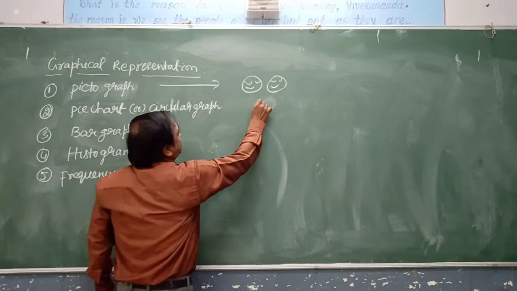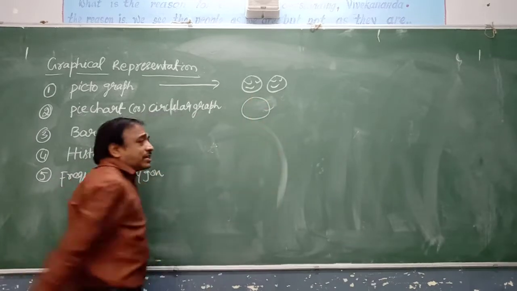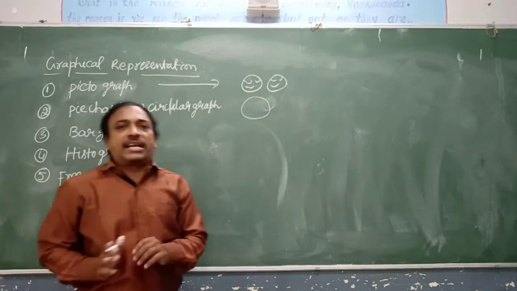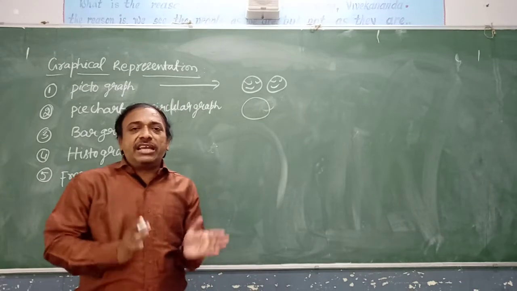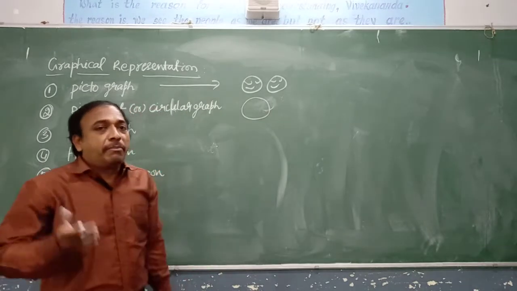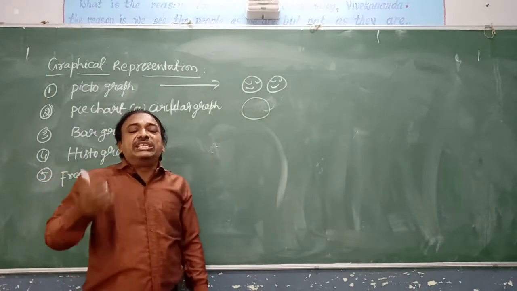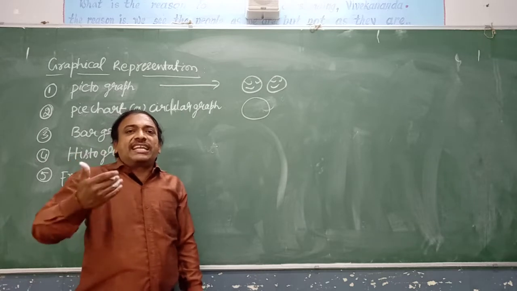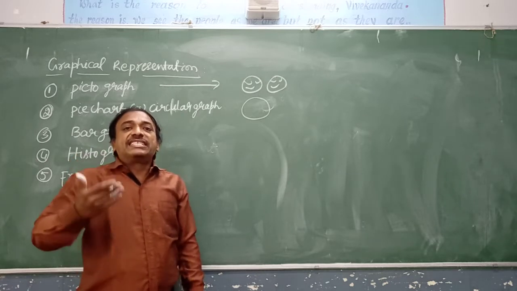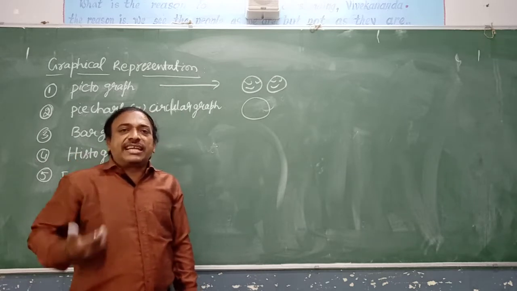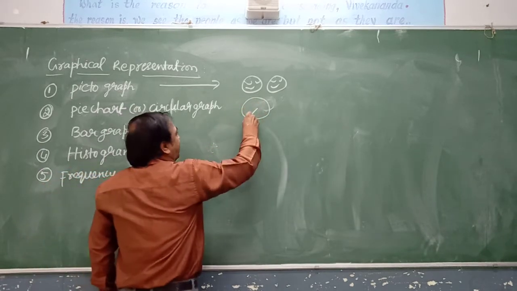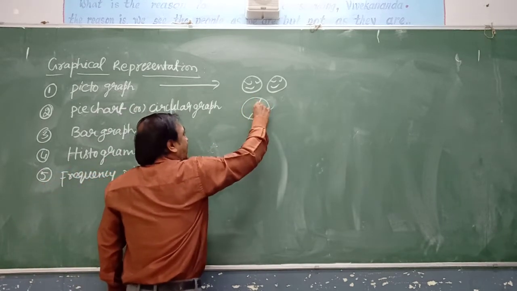A pie chart is the relation between the whole and its part. A circle graph is nothing but the relation between the whole and its parts, by converting the given data using central angles, which are called sectors. By using sectors, we represent the given information in a pie chart.